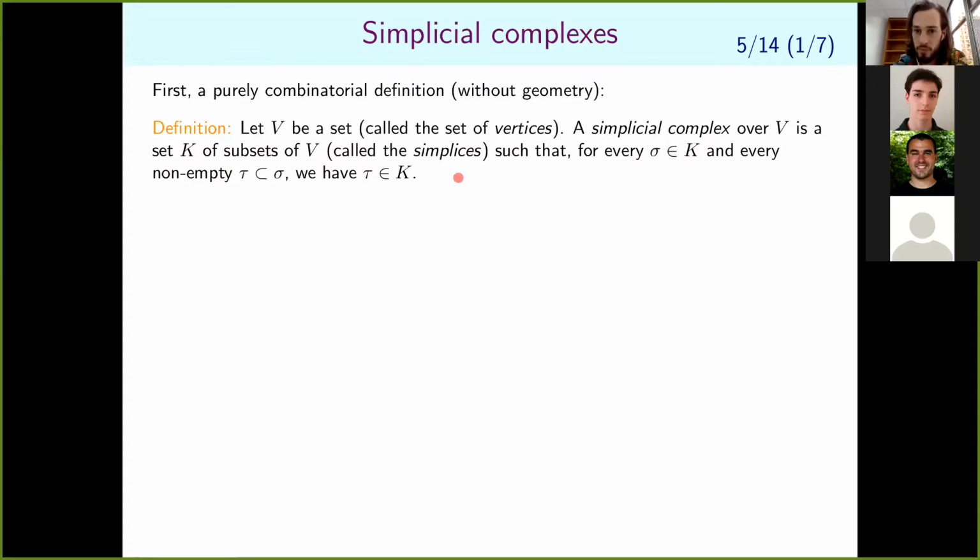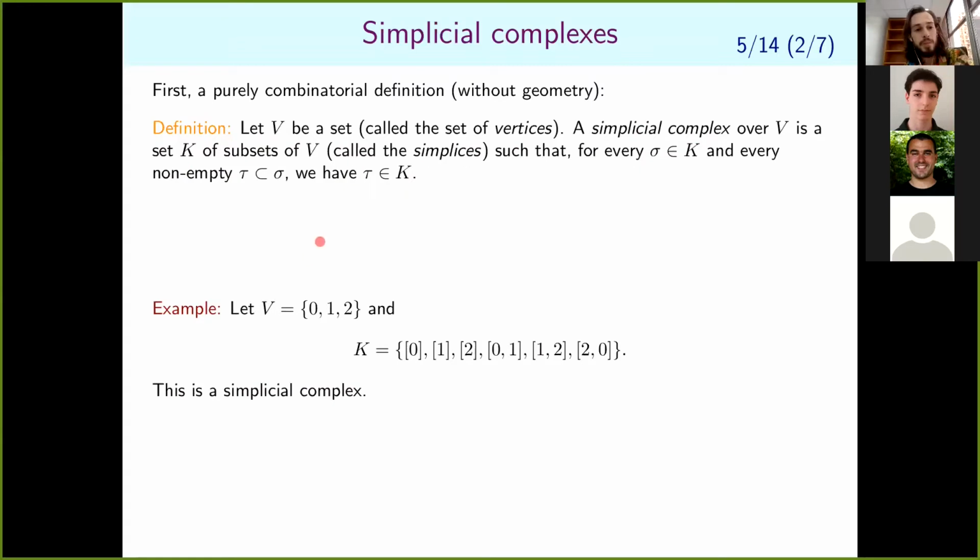So let me give you an example. I take V, the set of vertices, to be the set with 3 elements, 0, 1, 2. And I consider K, this simplicial complex, which consists of 3 subsets with 1 element and 3 subsets with 2 elements.